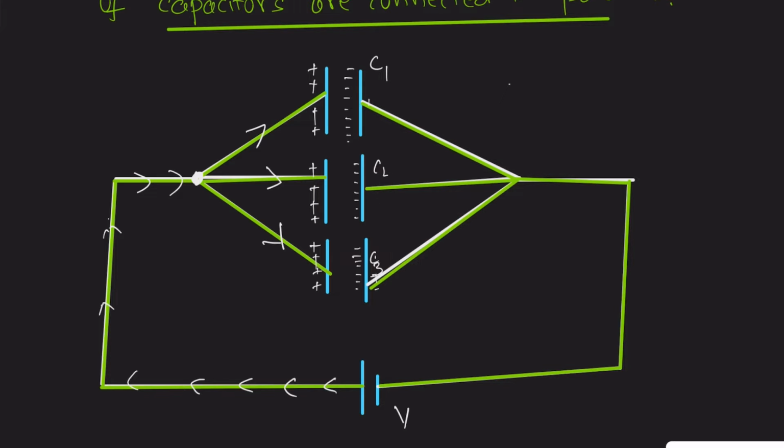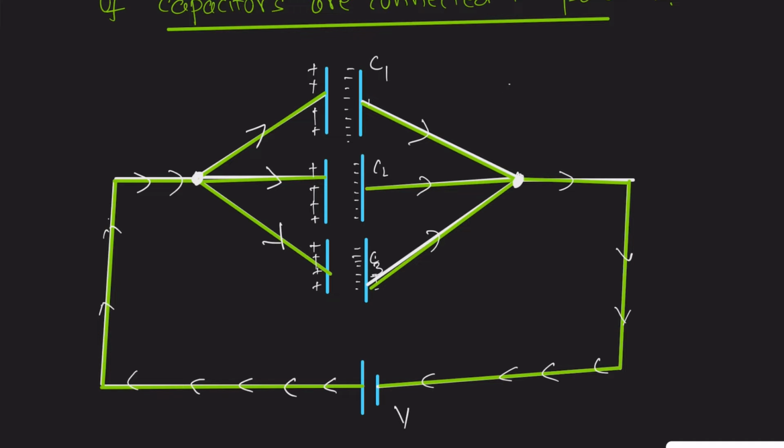So this positive charge again moves toward the negative terminal. See here, at this point, these three charges combine and move toward the negative terminal. Finally, the flow of charge reaches the negative terminal.